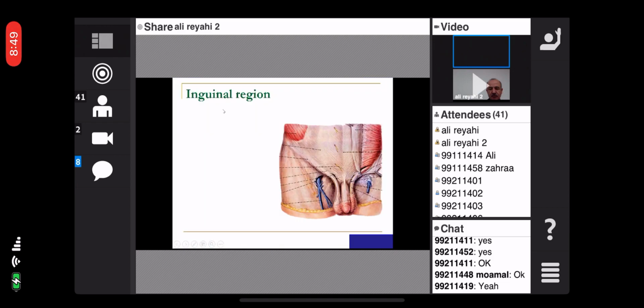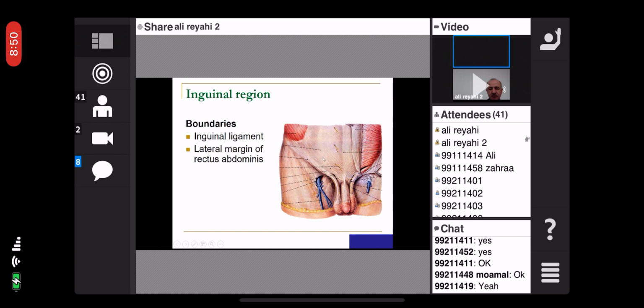What is the inguinal region? You know that this is the inguinal ligament. The boundaries of the inguinal region: inferiorly the inguinal ligament, and also the lateral margin of the rectus abdominis muscle.